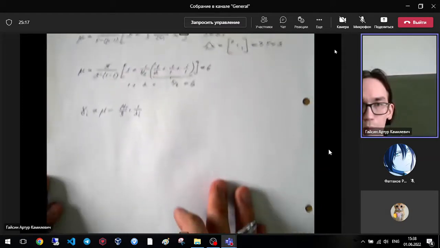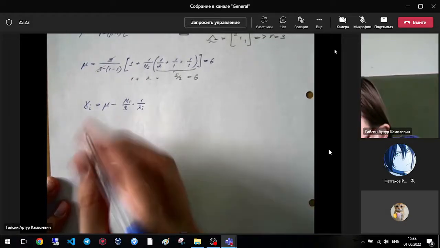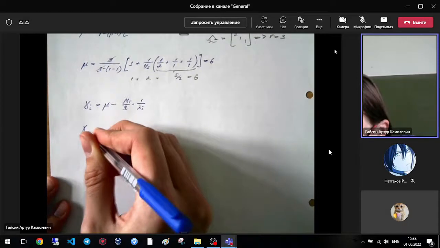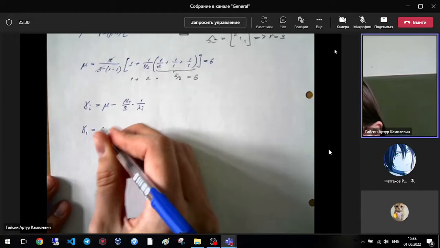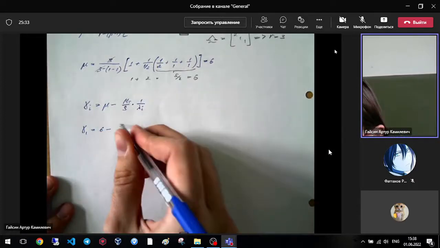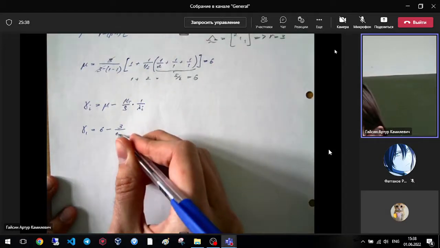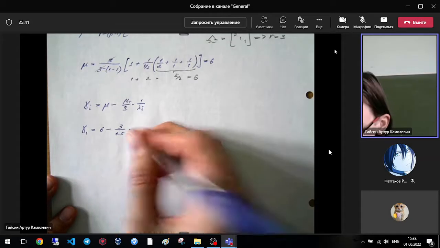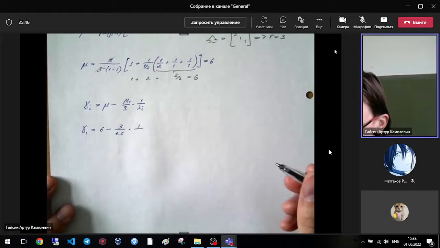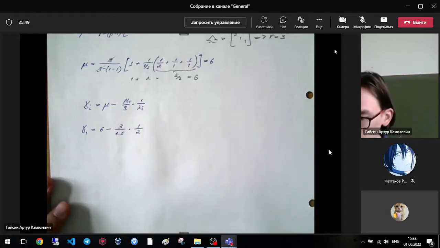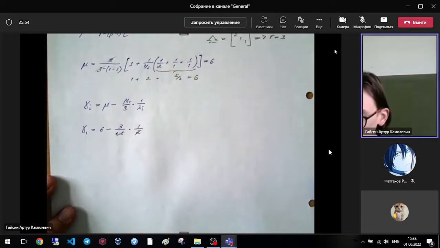So let me move my page here. Let's start with the first one. So gamma 1 is equal to mu 6 minus the number of transmit antennas 3 divided by the signal to noise ratio, it is 0.5, and times here 1 divided by the first eigenvalue, it is 2. So we can say that this one and this one are eliminated here.